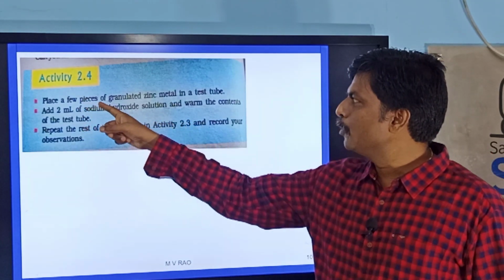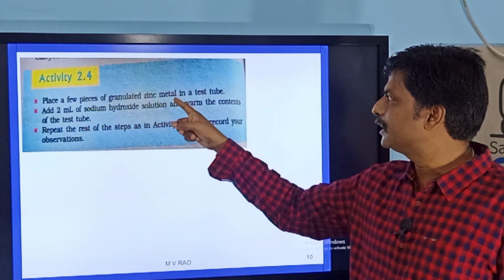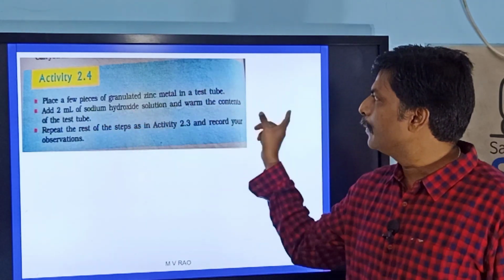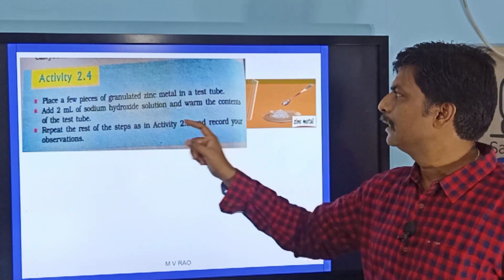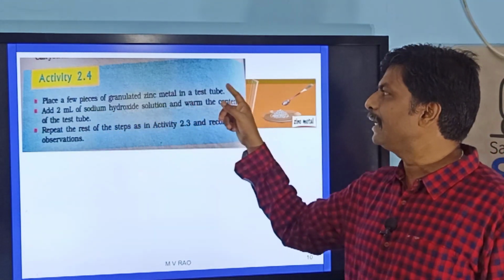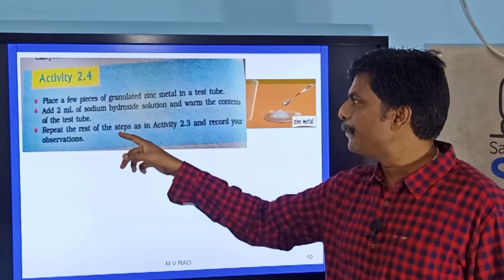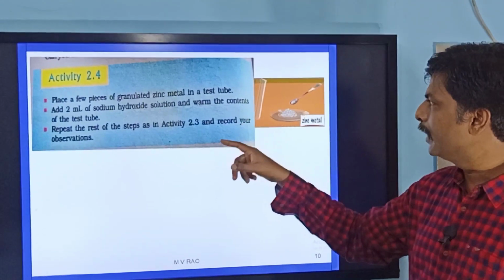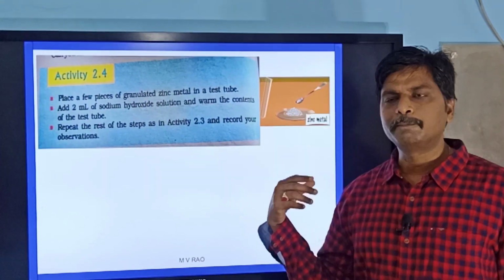Place a few pieces of granulated zinc metal in a test tube. Add 2 ml of sodium hydroxide solution and warm the contents of the test tube. Repeat the rest of the steps as in activity 2.3 and record your observation.